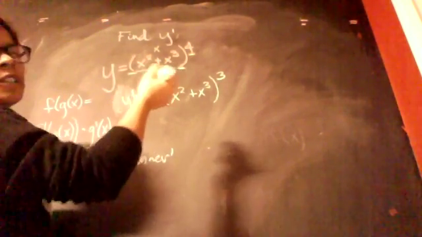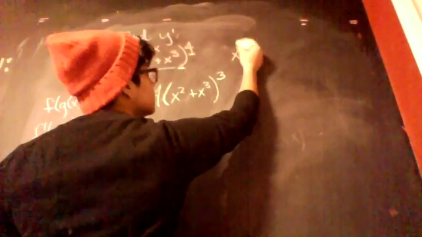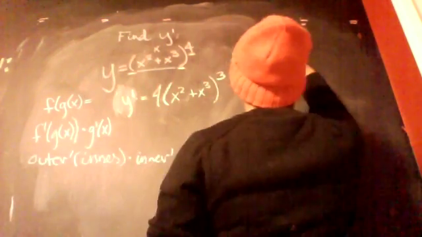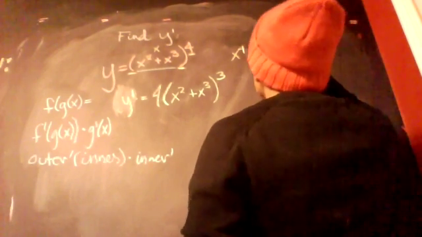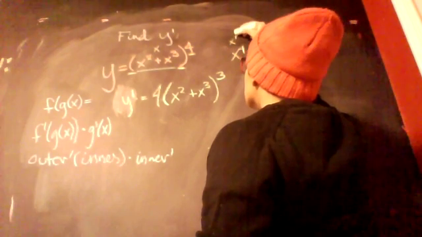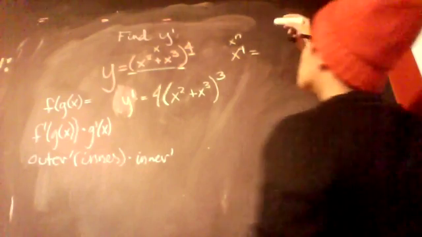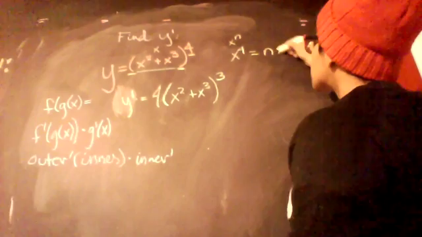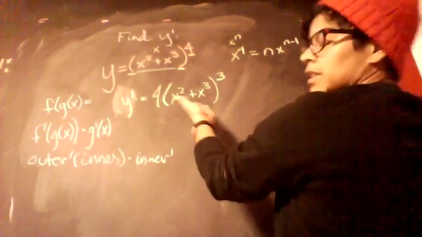Because if you remember, the derivative of a term like x to the n, if this is x and this is n, then your derivative becomes n times x to the n minus 1. That's what your derivative would be. So that's what I did here.